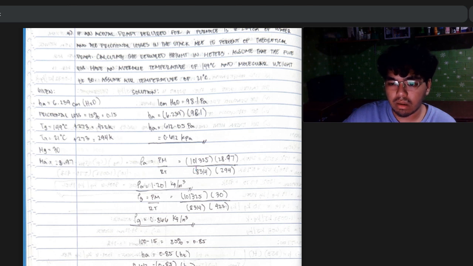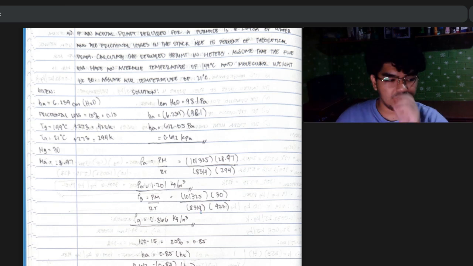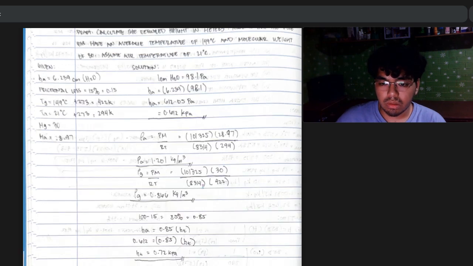So P is equal to 101,325 times 28.97 over 8,314 times 294. So the density of air is equivalent to 1.201 kilogram per cubic meter.